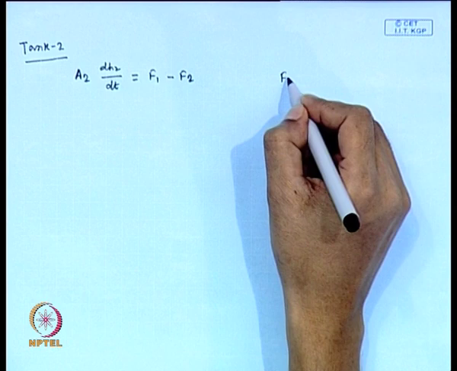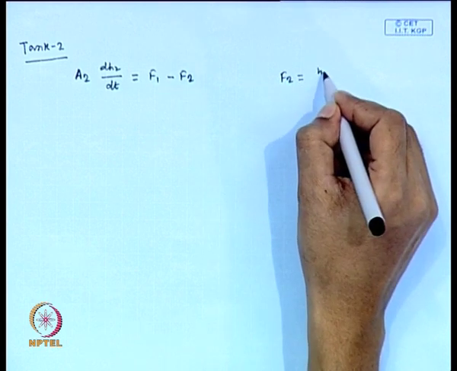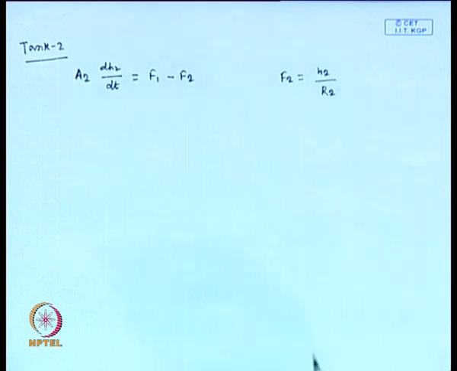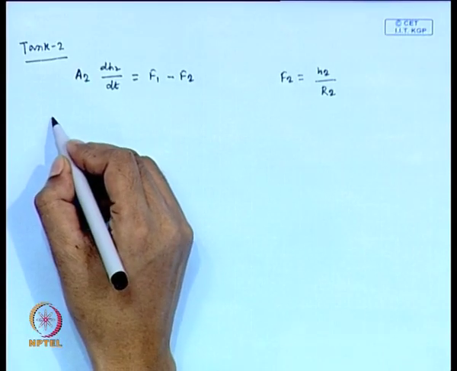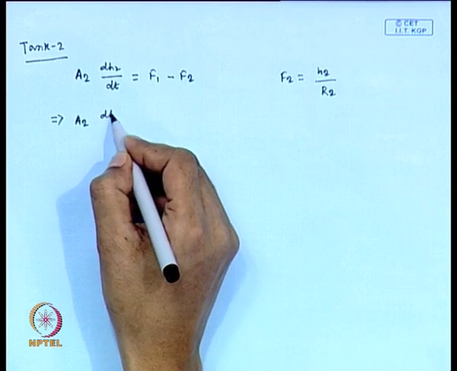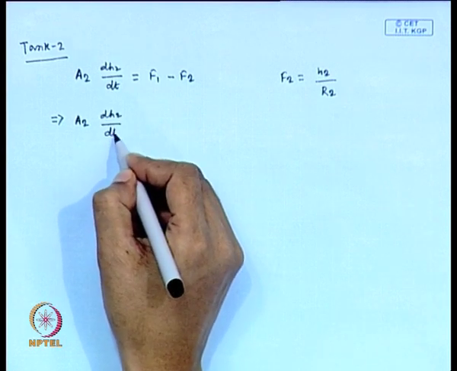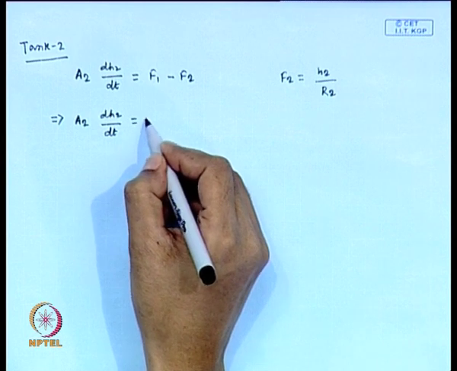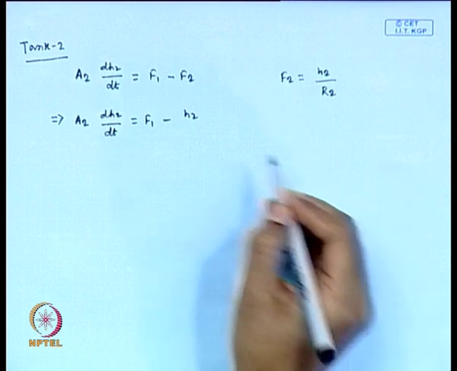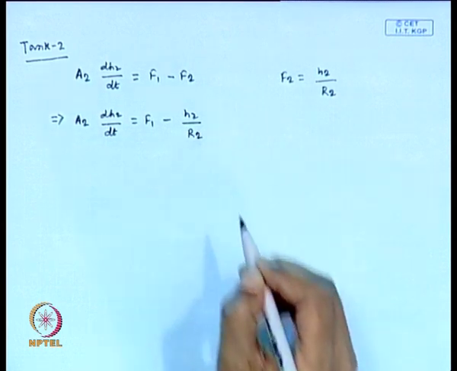Now, F2 is again the driving force divided by resistance to flow. So, F2 equal to H2 divided by R2. If we substitute that in this modeling equation, we get A2 dH2 dt equal to F1 minus H2 divided by R2.